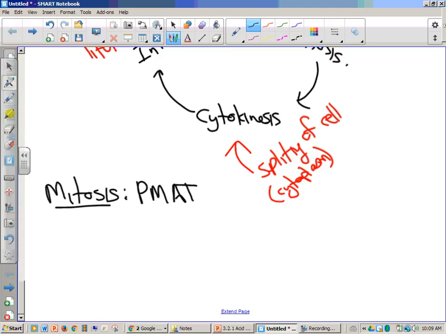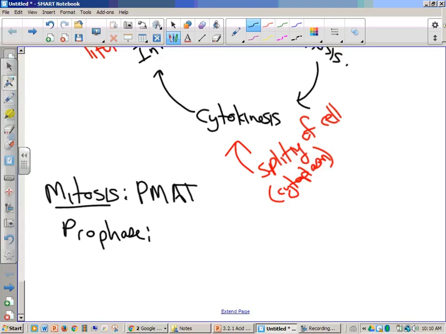I don't know how that's a thing to remember, like a PMAT. Anyway, whatever helps you remember it, PMAT. And the P stood for the first phase. What was that first phase called? Yep. Prophase.